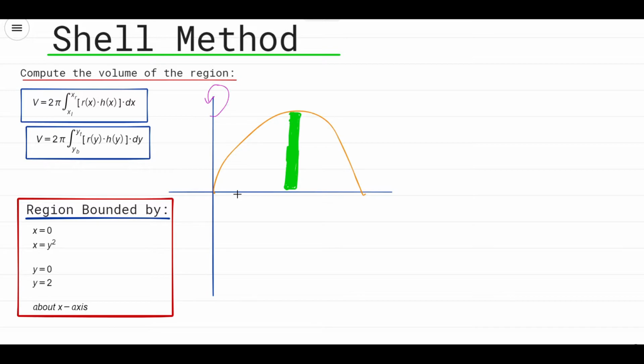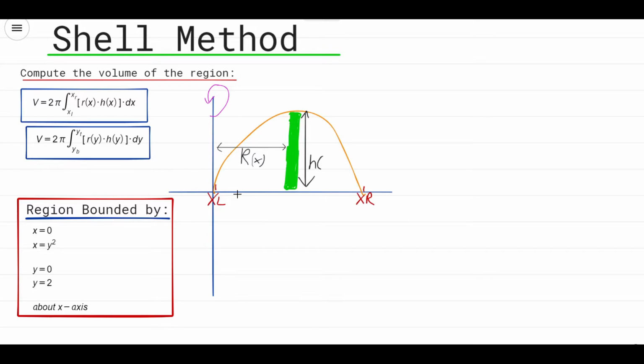So for example, about the y-axis, we have a disk, which is represented by the green disk right there. We have our x limits, and the radius is the distance between the disk and the axis of revolution. So that's our r of x. I want you to know that r of x is the distance between the axis of revolution and the disk.